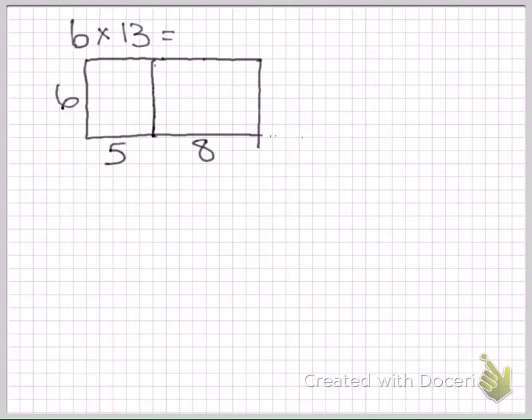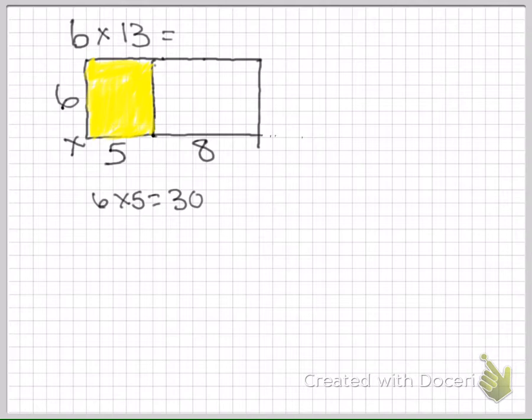So when I color them in, I'm going to do 6 by 5 first. And when I multiply 6 times 5, I get 30.